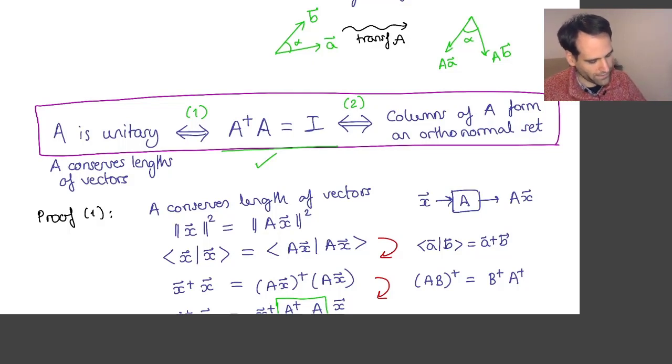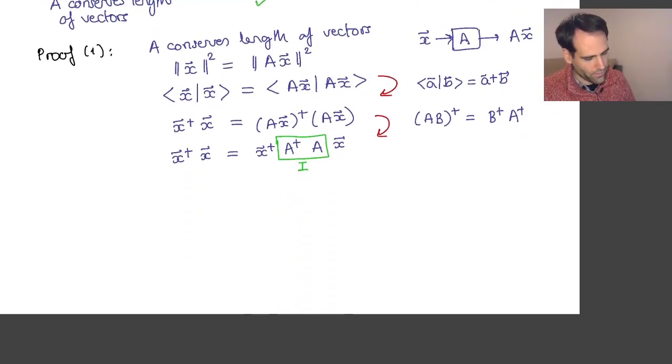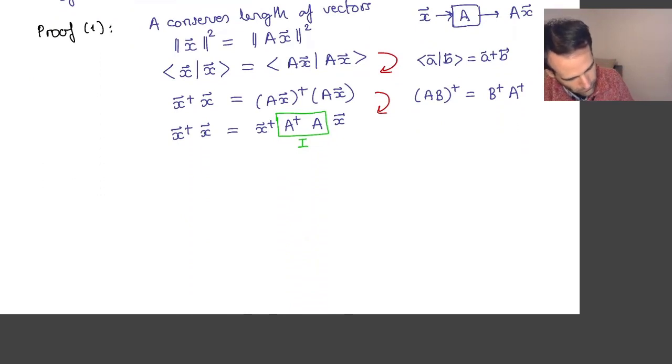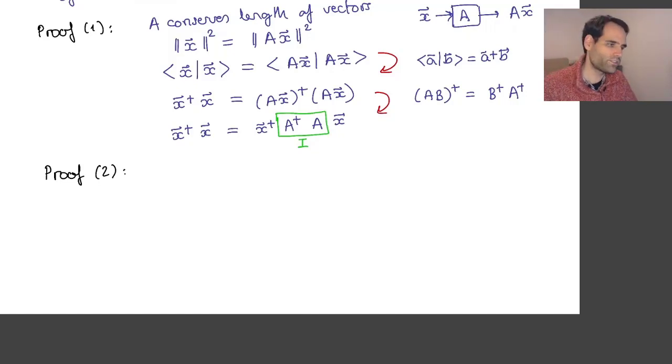We want to prove that if A dagger times A equals I, then the columns of A form an orthonormal set. So in order to do that, I'm going to do a visual proof. We could do it the formal way with equations, but in this case, I'm going to do it visually. Okay?